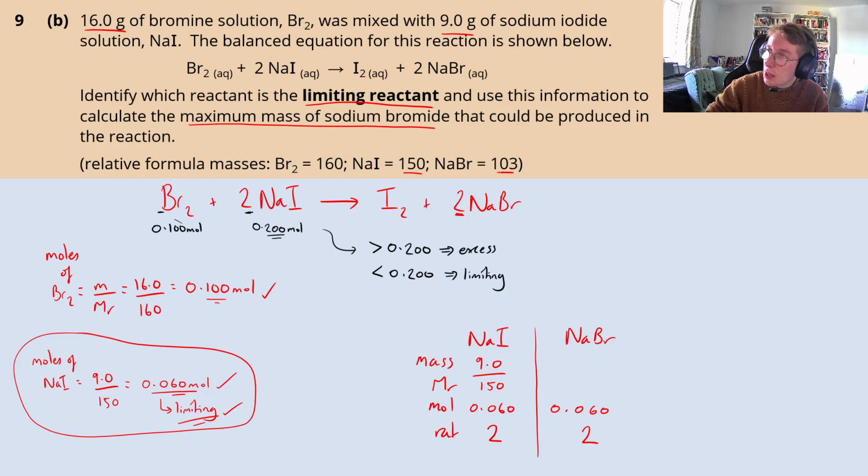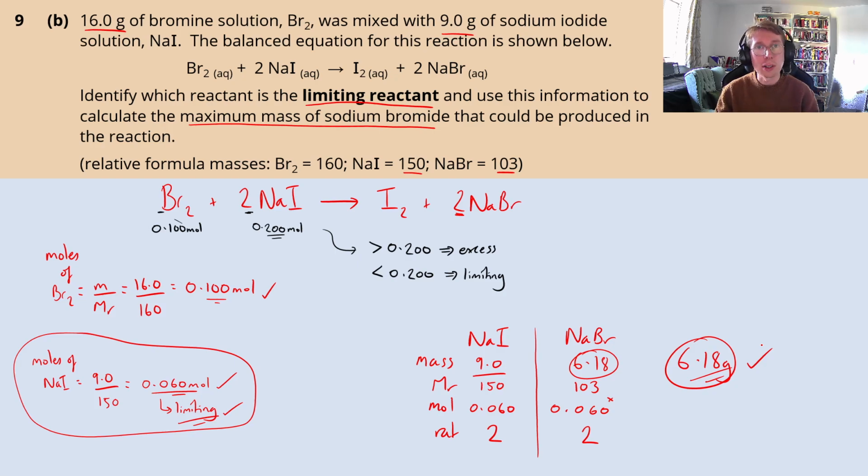Now if we put in the relative formula mass, that is 103. We divided going down the other side, so we're going to multiply going up this side, so we're going to do 103 multiplied by 0.060, and we get an answer of 6.18. So 6.18 grams is your final answer and your fourth mark.